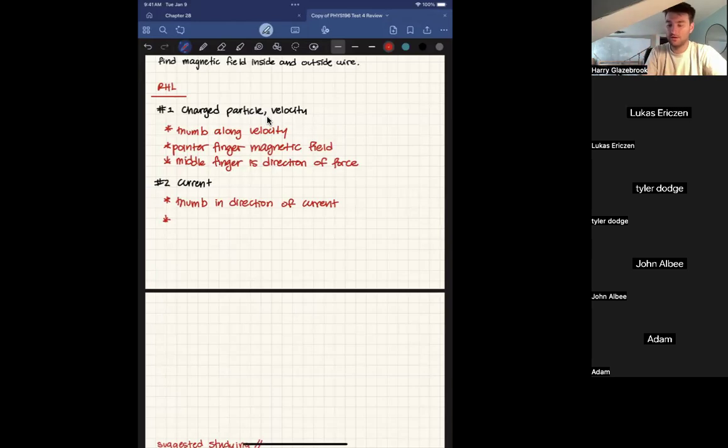So wrap all your fingers in the direction of the magnetic field. Cool. So those are the two right-hand rules. You'll use one for charged particles, one for current.